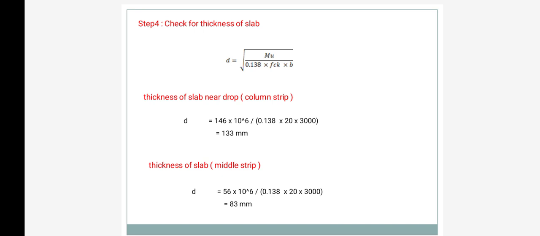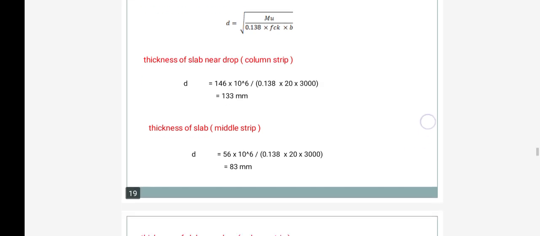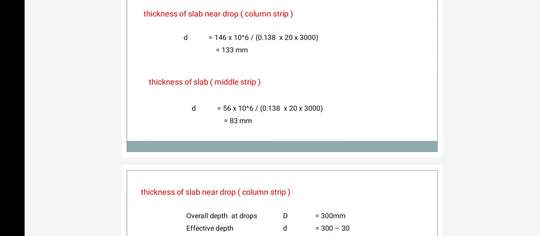Thickness of slab at the drop, that is the column strip, D is equal to 133 mm. And thickness of slab at the middle strip, substituting all the values, D is equal to 83 mm.